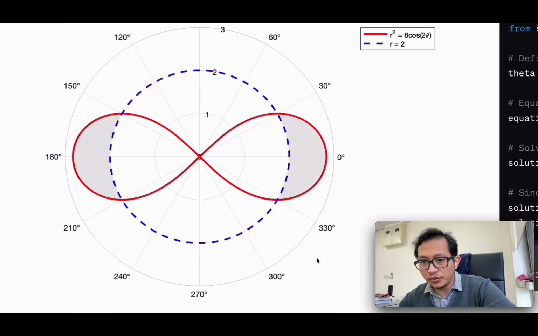what we want to do is define the shape first. We need to define the polar shape, the polar curves. Let me choose, say, light blue, or maybe just red.